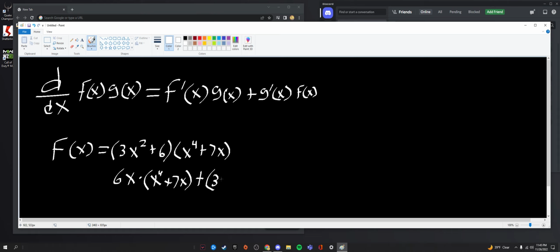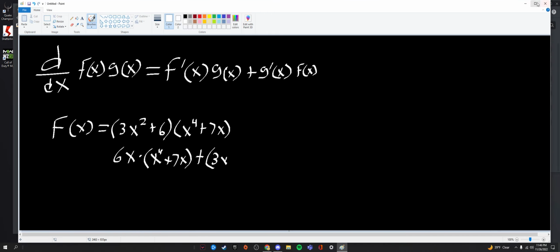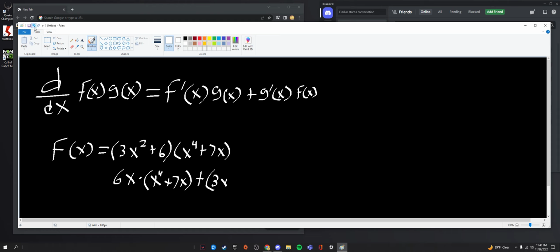So this gets us 4x to the third plus 7, and now we multiply by the original f of x, which is just 3x squared plus 6.